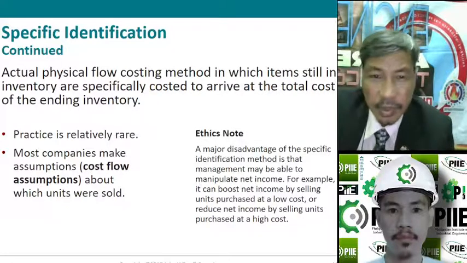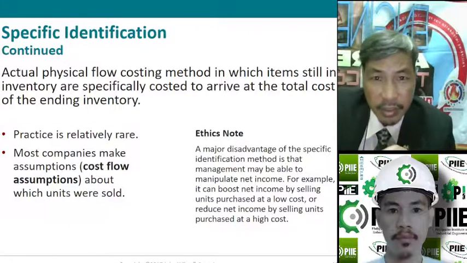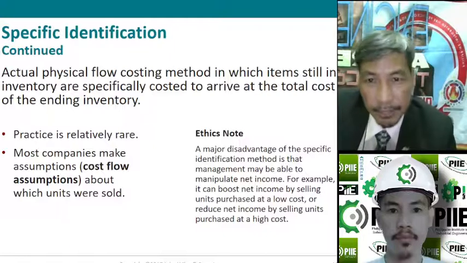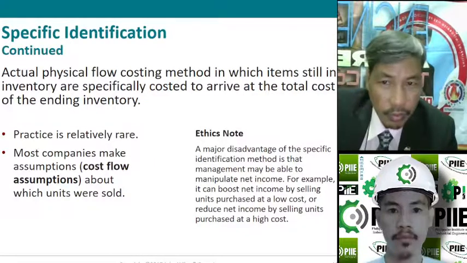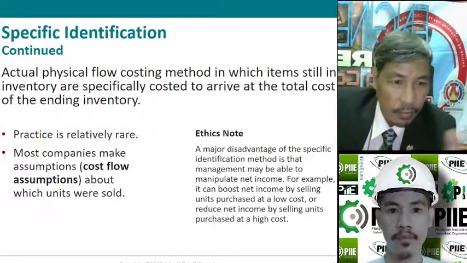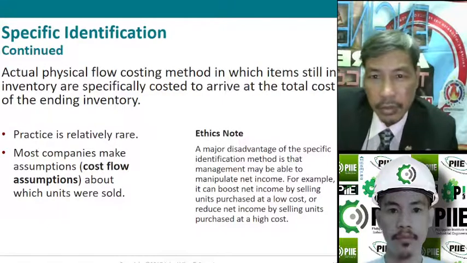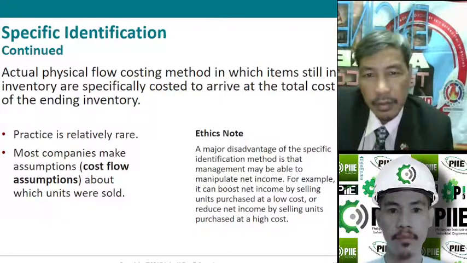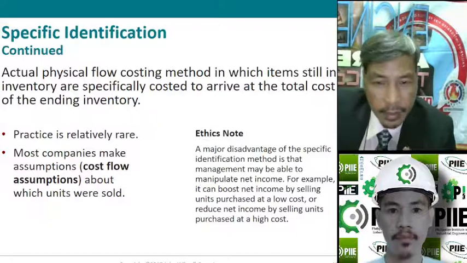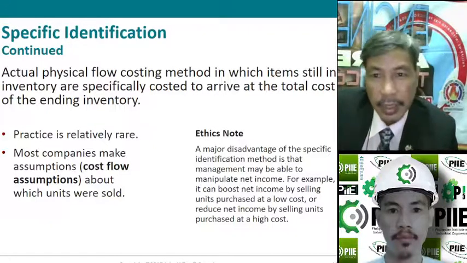So, with specific identification, there is no assumption because you are certain of which goods were sold. Which one of the 3? Which one of the 4? Which one among the millions of goods? Okay? But you have what? Sticker with barcode or serial number. Okay?